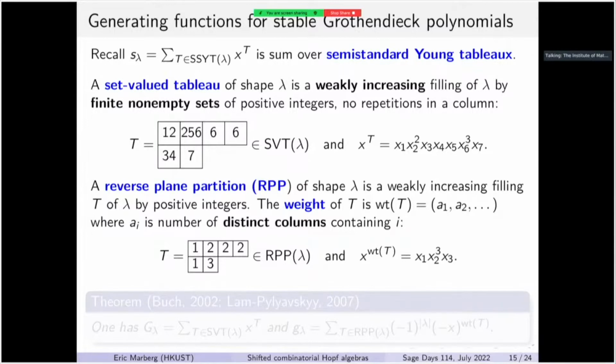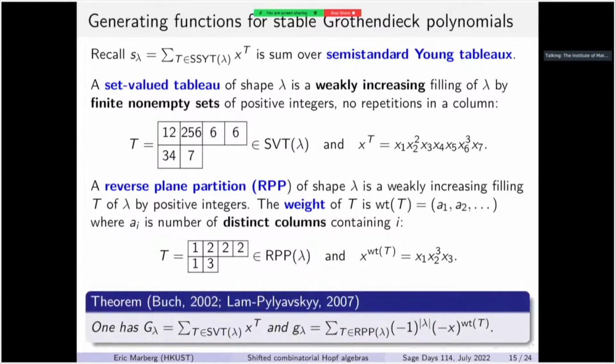Here, the weight of a reverse plane partition is not formed by counting the total number of entries of a given type. What we do is for each i, we count the number of distinct columns containing i, and that is the exponent in our weight vector. So x to the weight of this t is x1, because even though there are two 1s, they only appear in a single column, whereas x2 has exponent 3 because there are 3 columns containing 2. And x3 has just weight 1.